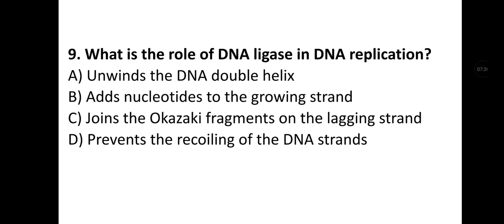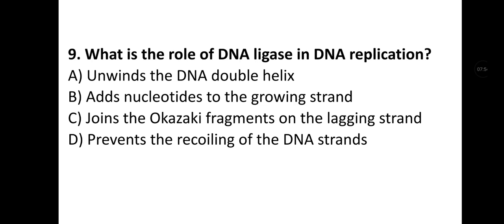Question number 9. What is the role of DNA ligase in DNA replication? The answer is it joins the Okazaki fragments on the lagging strand. Option A, unwinds the DNA double helix. Option B, adds nucleotides to the growing strand.